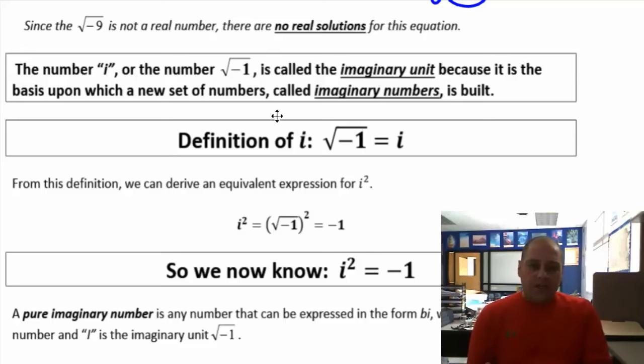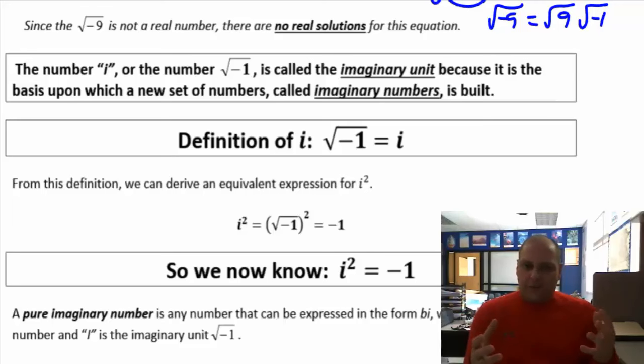The square root of negative 9 can be factored and written as the square root of 9 times the square root of negative 1, because 9 times negative 1 is negative 9. The square root of 9 is 3, I can do that. But the square root of negative 1, that's really the problem. I can't take the square root of a negative.